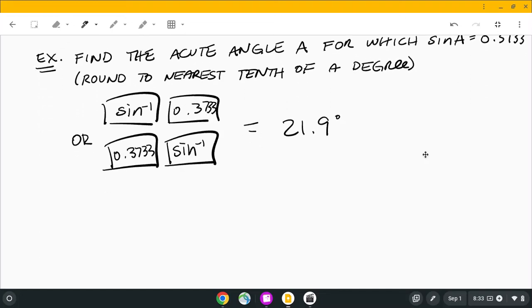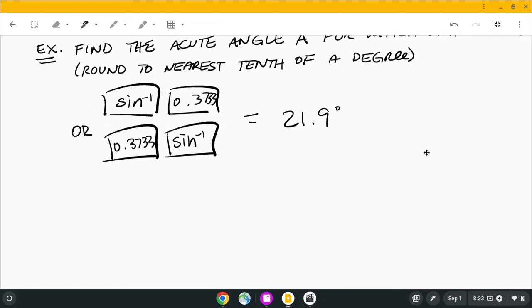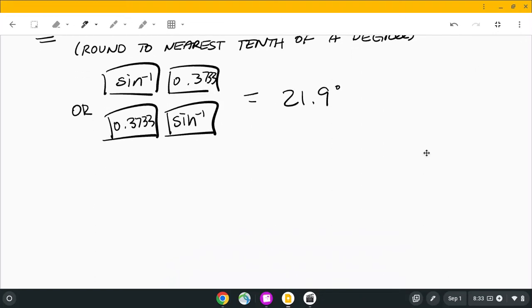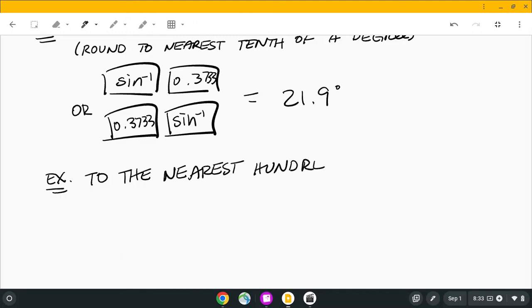All right, let's do this one. To the nearest hundredth, that's 2 decimal places of a degree.